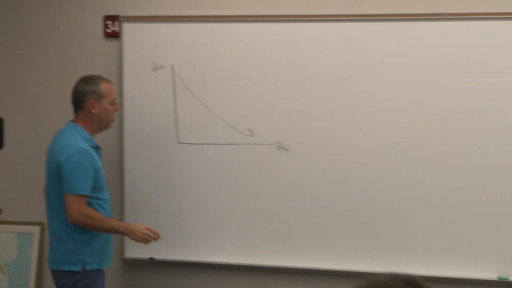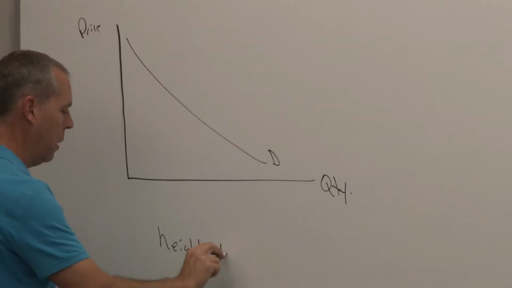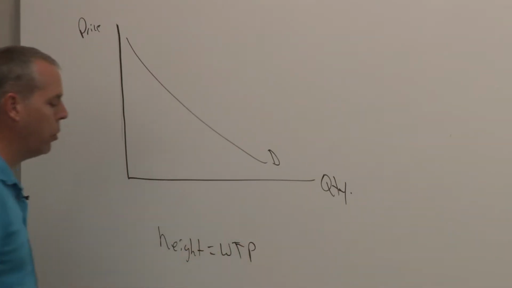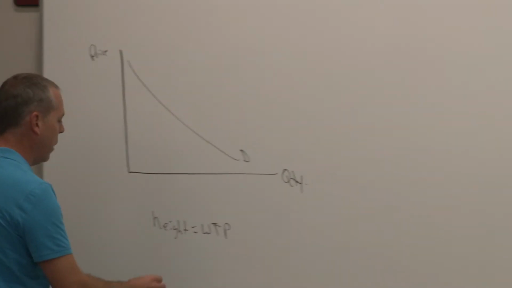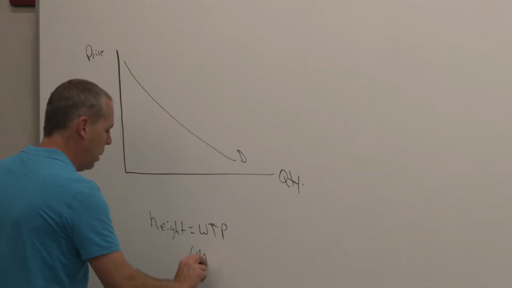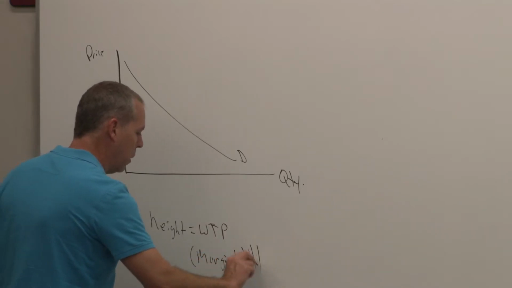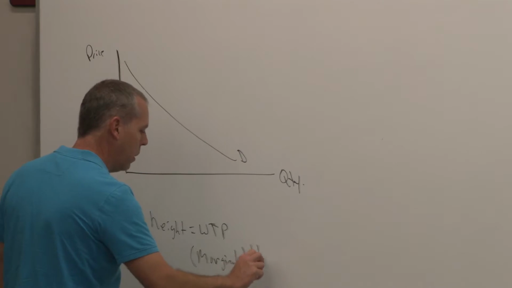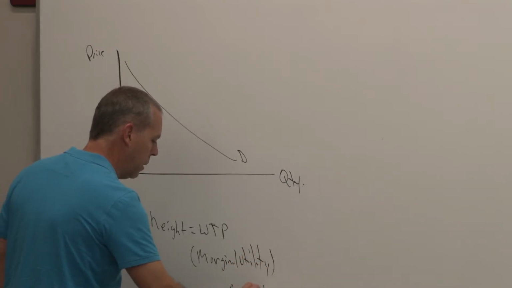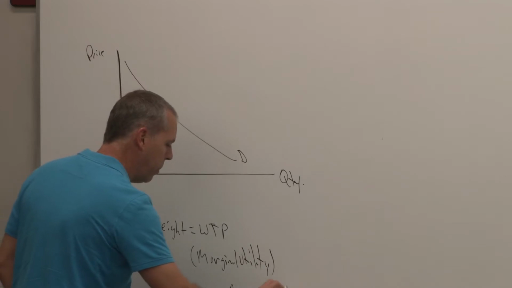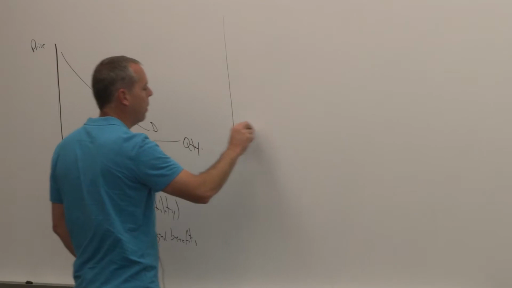We know that the height of this guy equals our willingness to pay. He tells us basically marginal utility. He is really, in effect, marginal benefits, because that's what the utility is. It's a benefit.